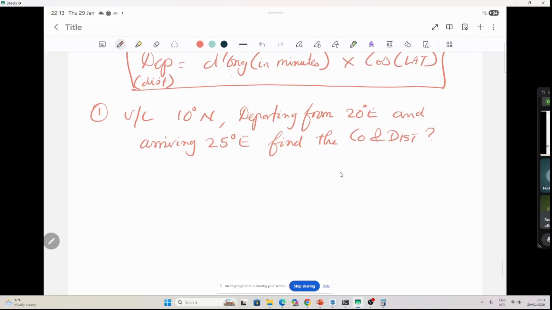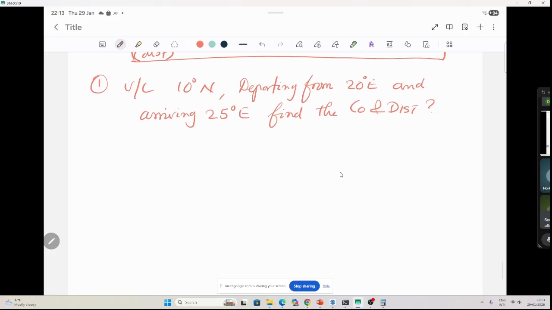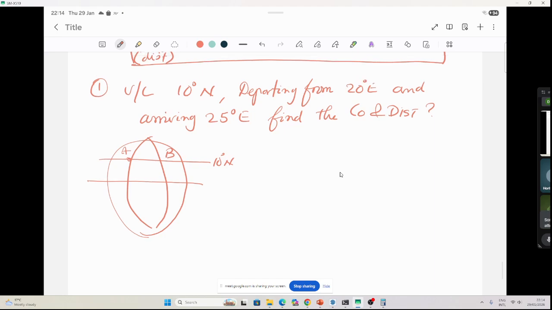Okay. So then how do we do this? You can see that it is plain sailing, sorry, parallel sailing, because you are not changing your latitude. You are in 10 degrees north. You are going from A to B, right? Now in this case, you don't need to find D lat, but you need to find D long, right? When you are finding the D long, how do you find the D long?